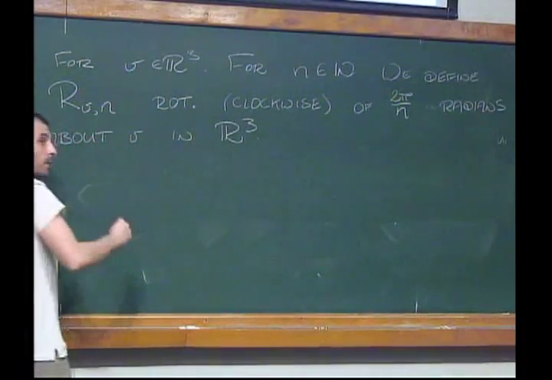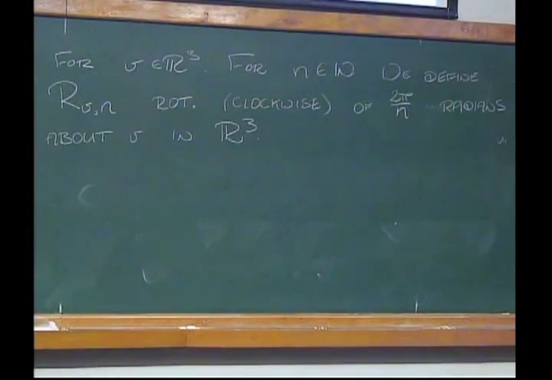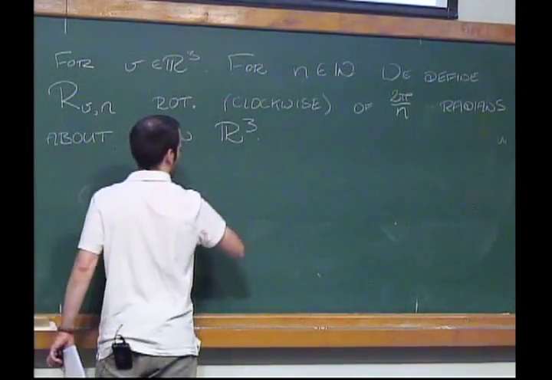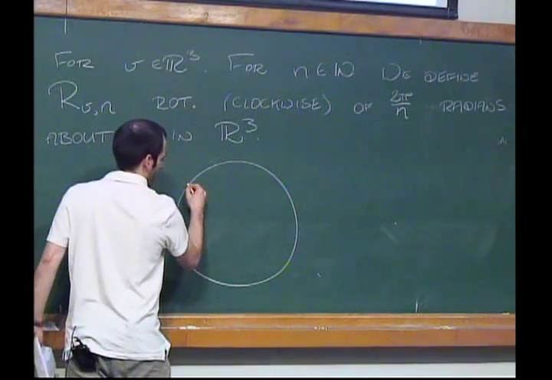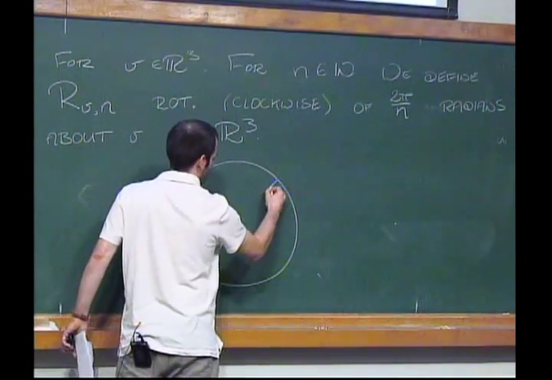Now we imagine we have a free boundary minimal embedding which isn't a surface of revolution, and we look at what happens when we rotate it about some vector.